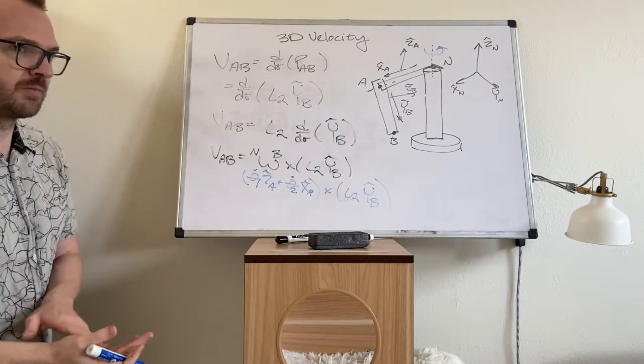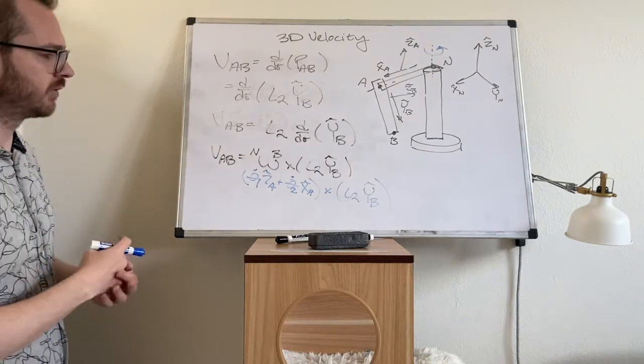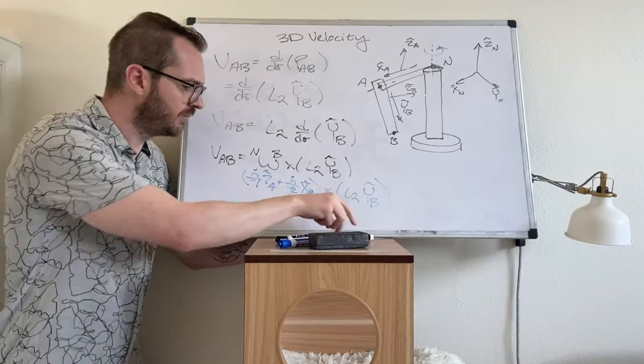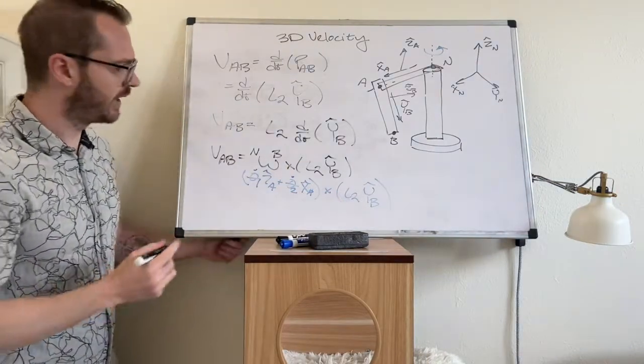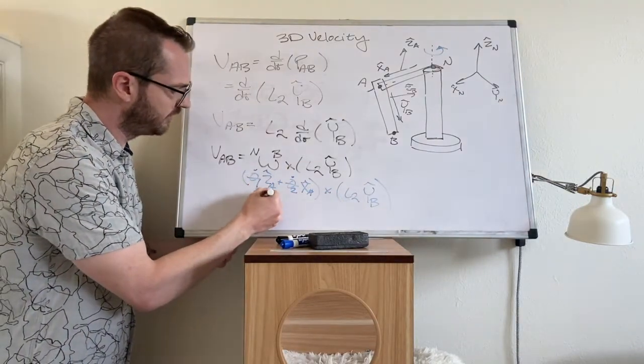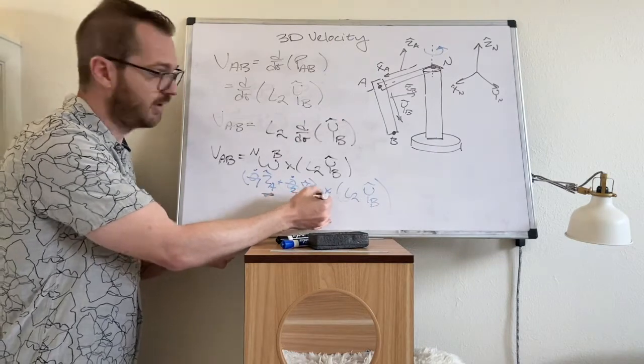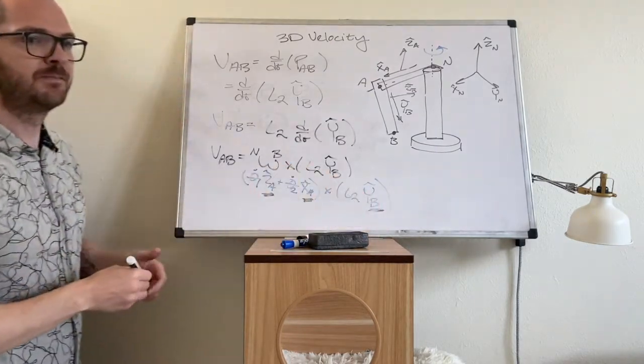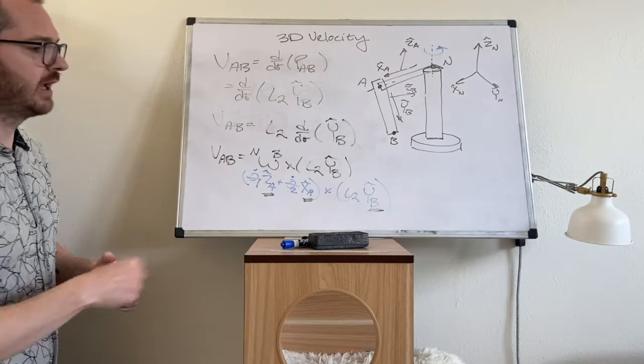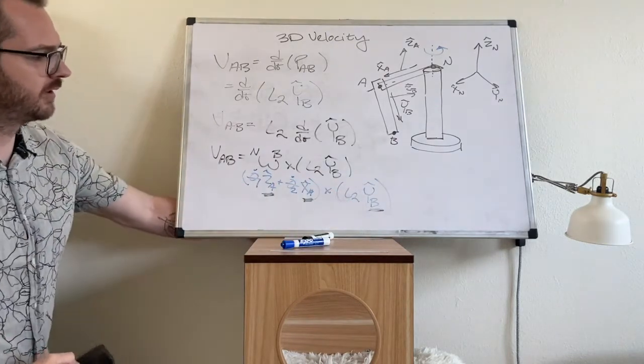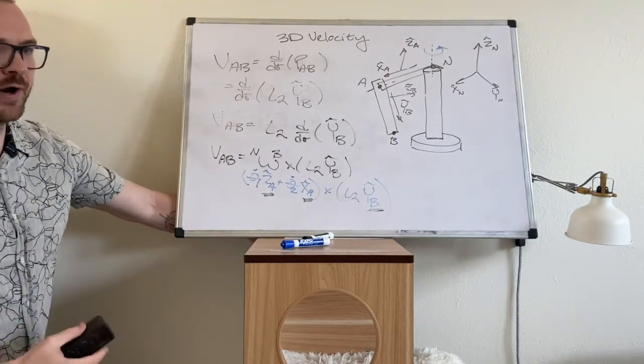Can we resolve this cross product? Well, yeah, it's just a math operation. We can always resolve it, but there's a problem the way I have written it. This is ZA, and this is XA, and this is YB. They're in different frames, and you can't do the cross product on two vectors in two different frames.